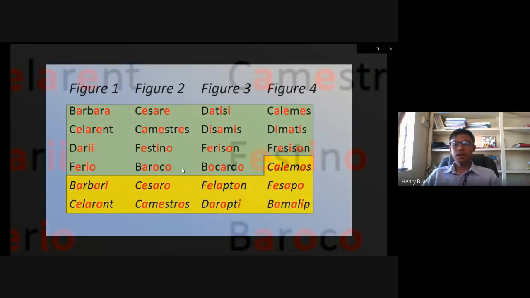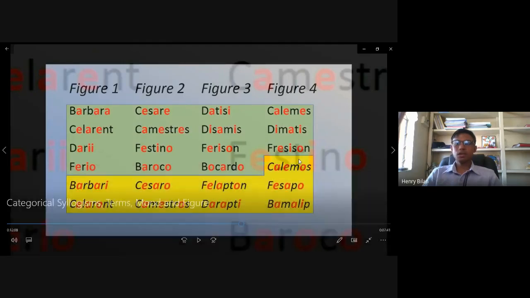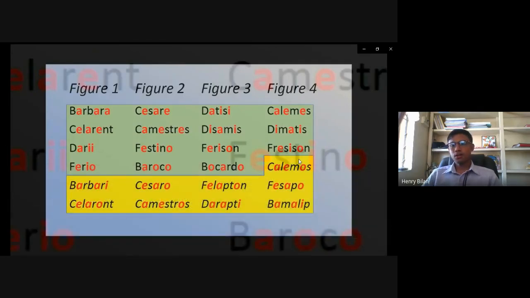Halimbawa, use COVID-19. Ginamit mo yung COVID-19 as one of the terms. Totoo ba na may COVID-19? Kung nasa figure 4, AEO, tapos COVID-19 ang ginamit, would it be valid or invalid? So balikan natin yung katotohanan ng COVID-19.